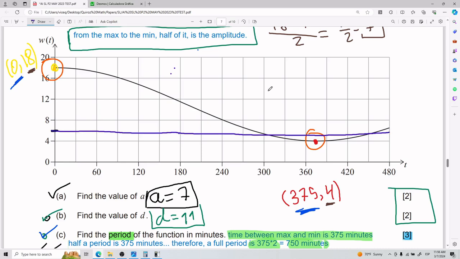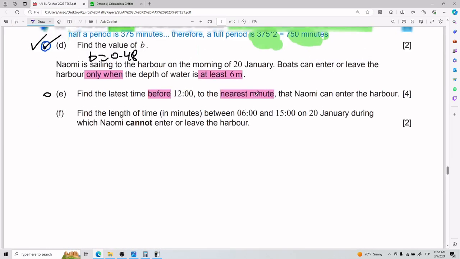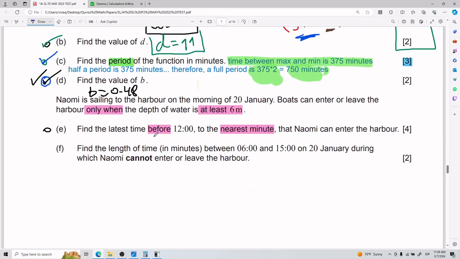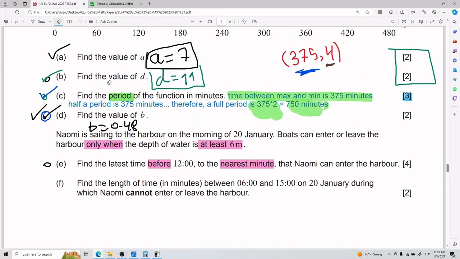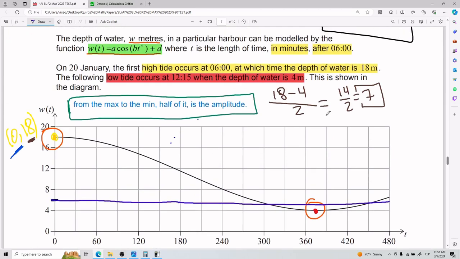We need to find the latest time before 12, as it says here, that Naomi can enter the harbor. And so where is 12 in my graph? 12 is how many hours after 6? Remember that our diagram is always thinking about after 6. When t equals 0, you are at 6.